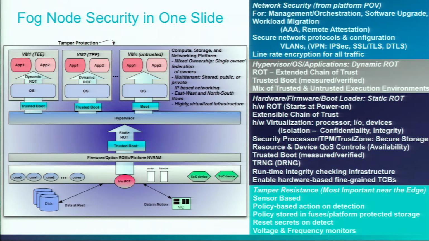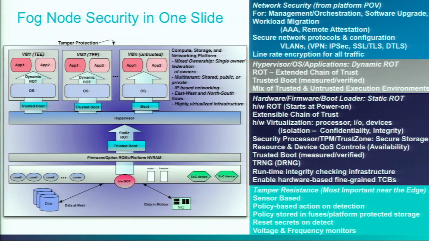Software bootloader then boots, say, a hypervisor, verifies it first. Now you've got a static root of trust established. From there on, you implement VMs. And these VMs can be either trusted or non-trusted. You can mix them freely because they're protected from one another. If they're trusted, then you've extended the chain of trust. If they're untrusted, you don't care, but they're sandboxed.